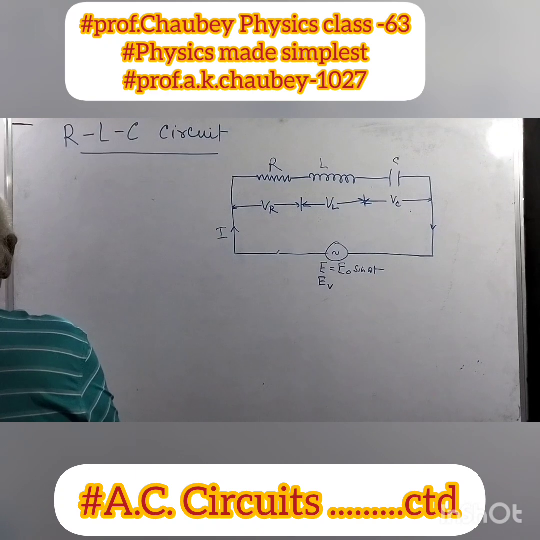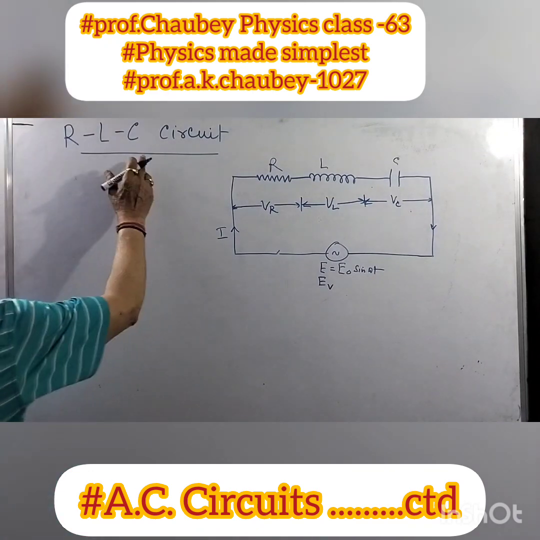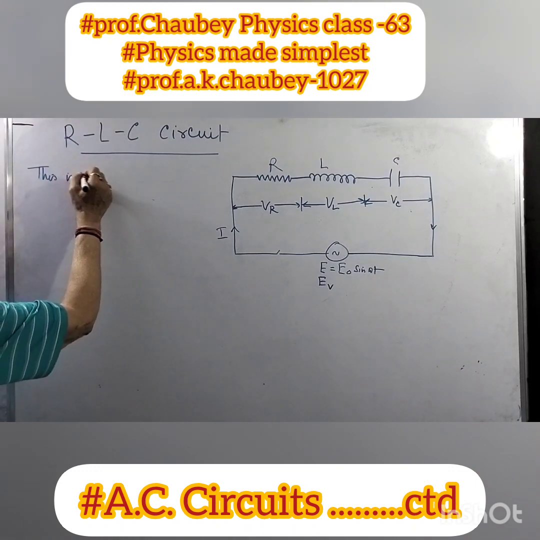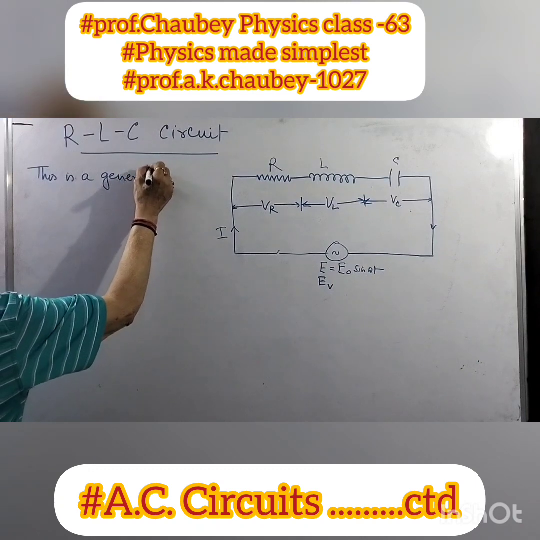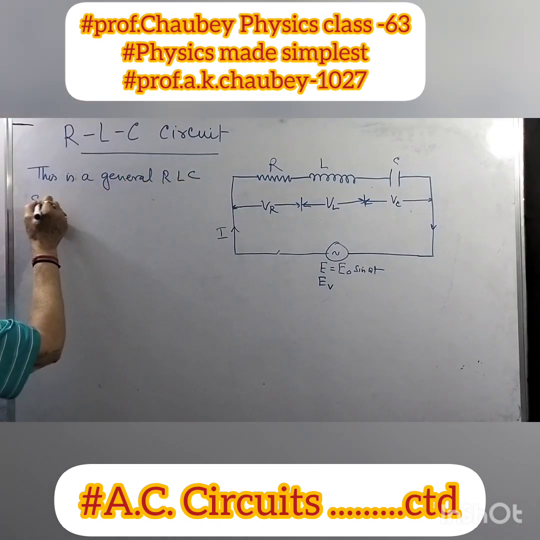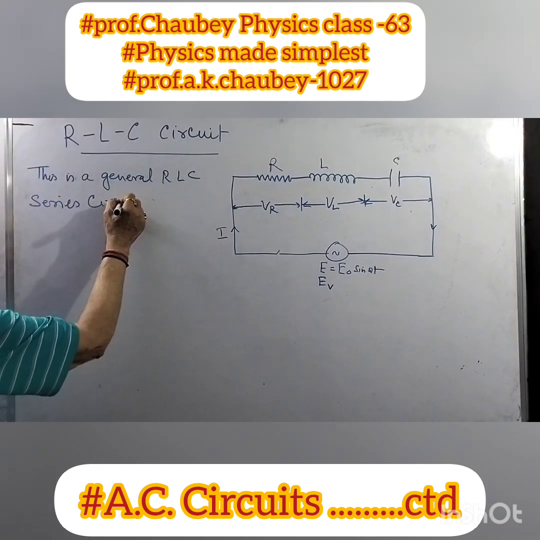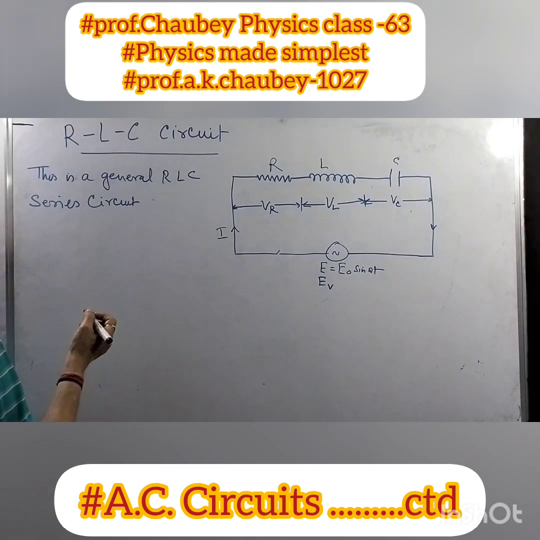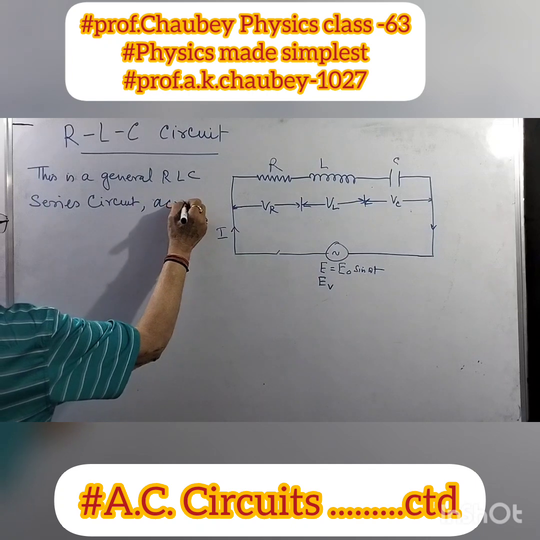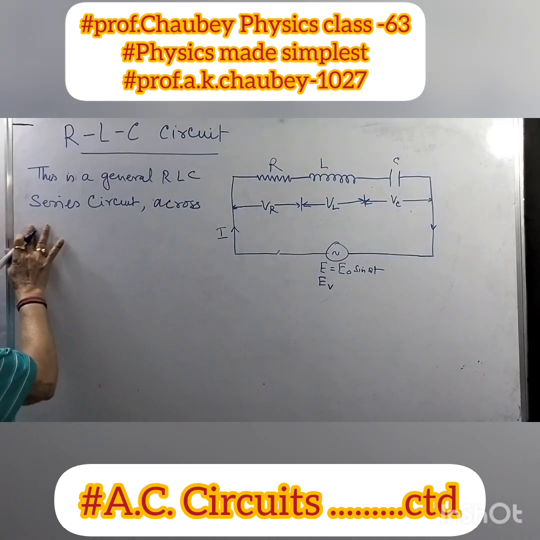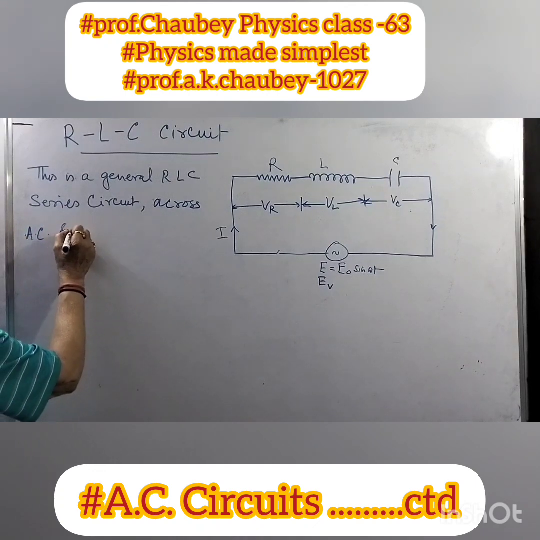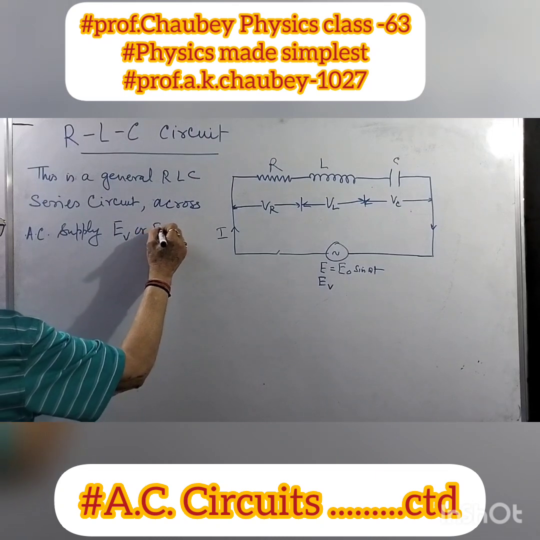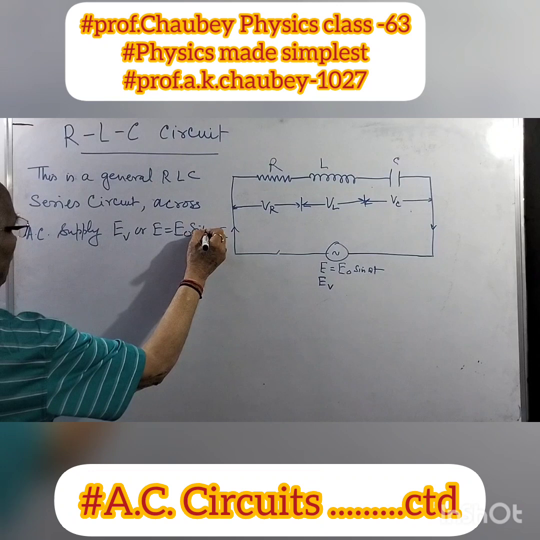This circuit is RLC in series. So this is a general RLC series circuit, a series circuit across an AC supply, the potential, average potential EV, or E is equal to E naught sine omega t.